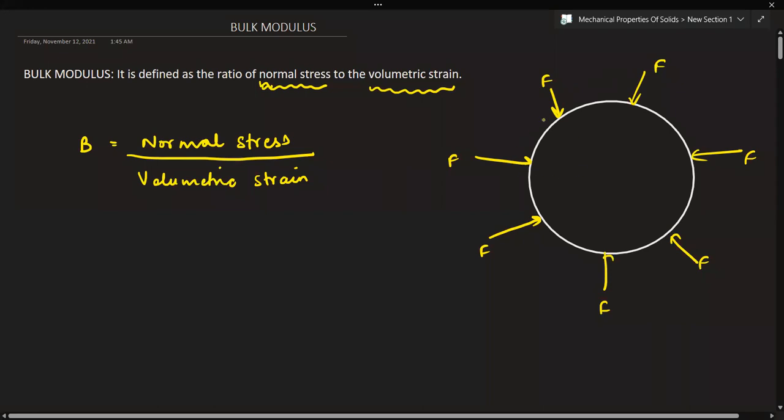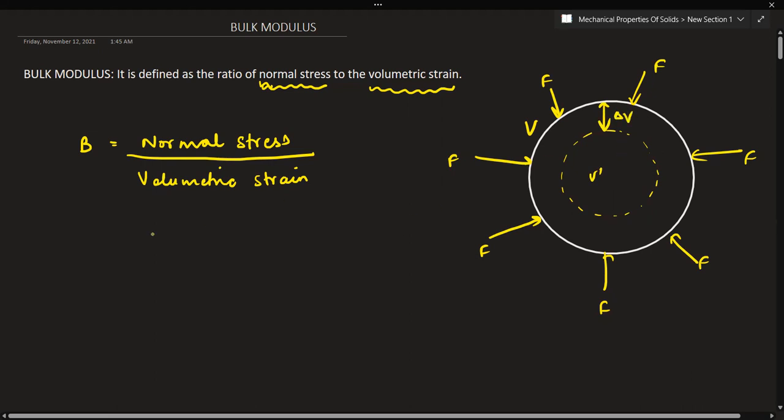Now, if it had initially V volume, then because of the application of all these forces, the sphere will get compressed. Let's say these dotted lines represent the new sphere with volume V dash. This change which you are able to observe, from this white line, the periphery, to these dotted lines, let's say this change is delta V.